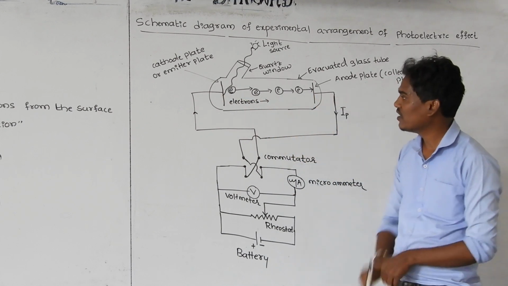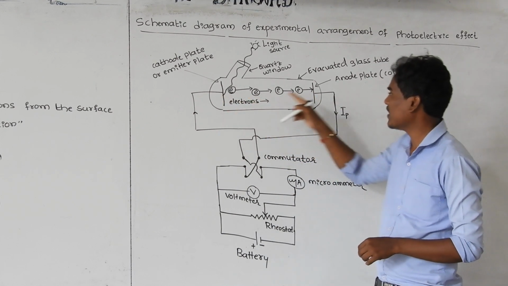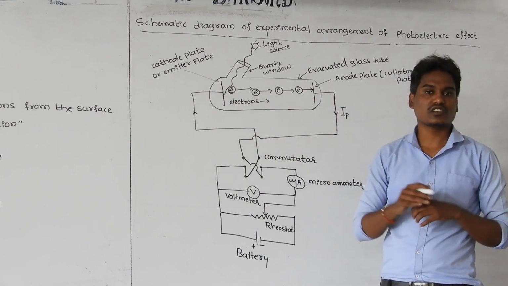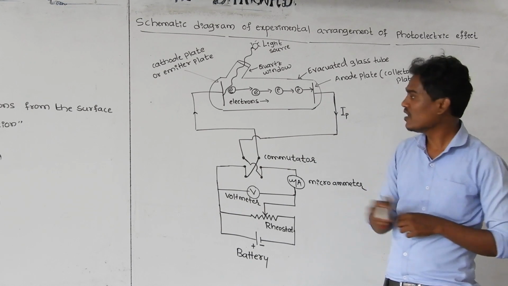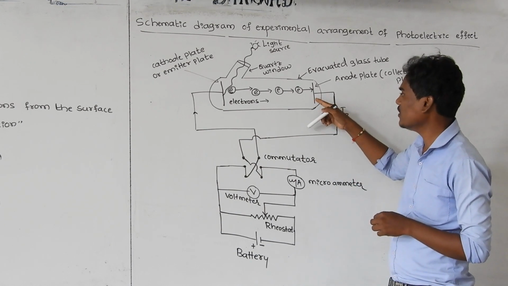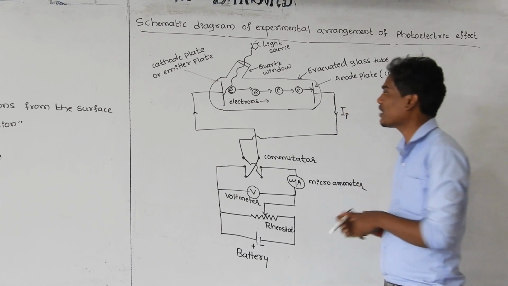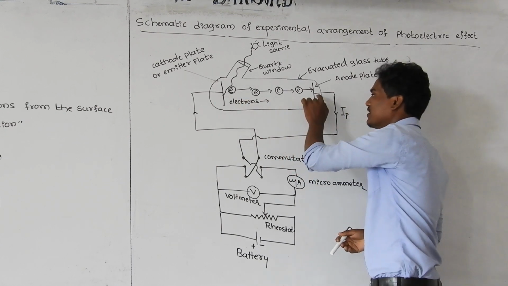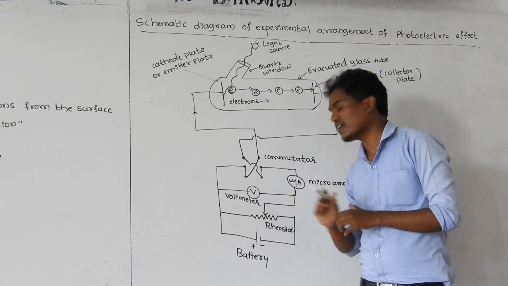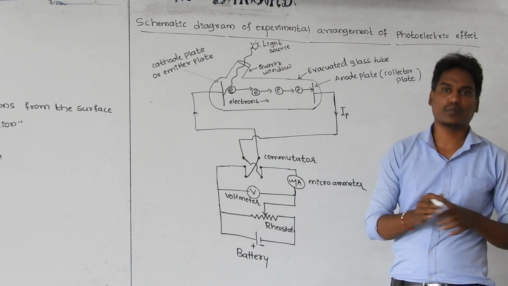For example, let us consider this is point A and this is point B. At point A the electron has some electric potential energy, and at this point also. What is the difference in the electric potential between these points? That can be measured by an electric instrument called a voltmeter.